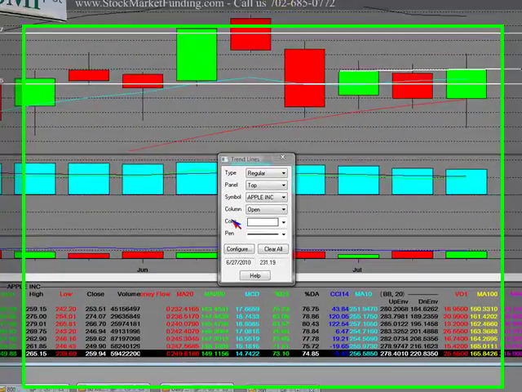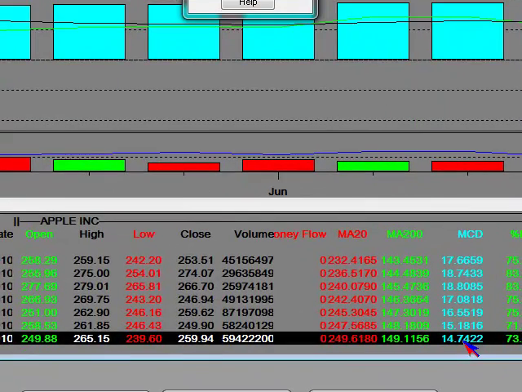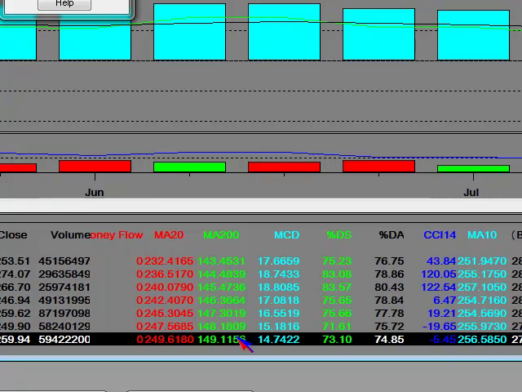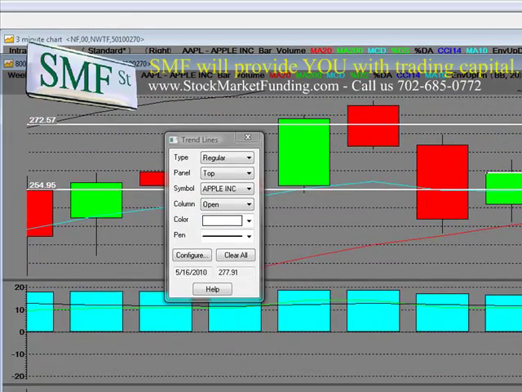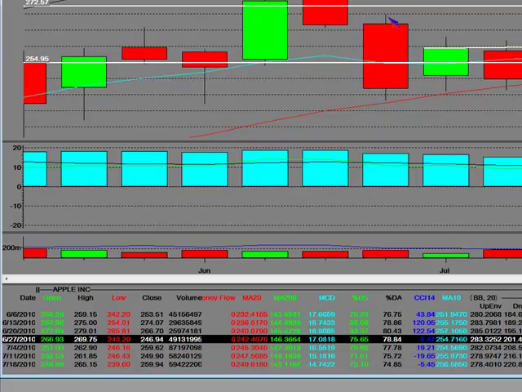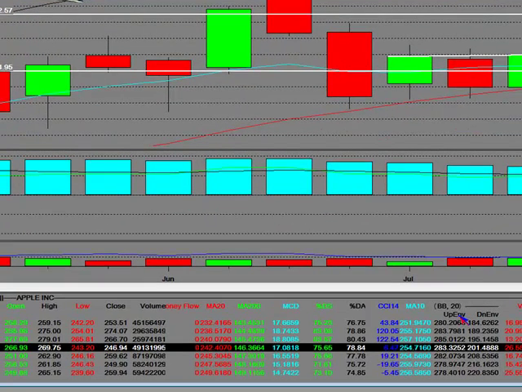The other bullish case is this reading right here. The last one was 15. This is 14. This has got to get higher than the previous. The CCI right here is only -5, folks. When we were putting in the bottom over here, that CCI got to plus on the bounce.